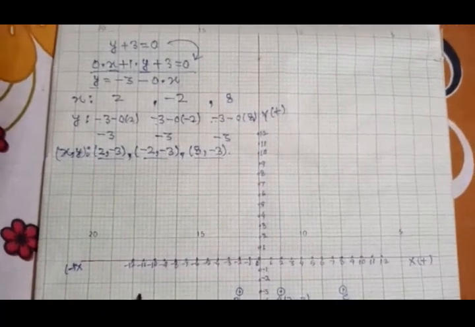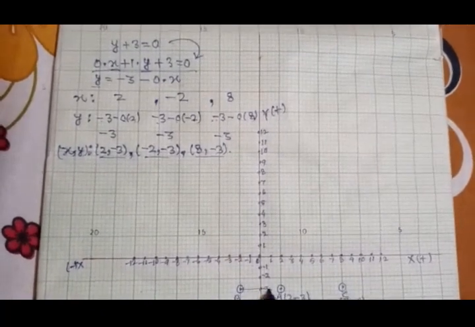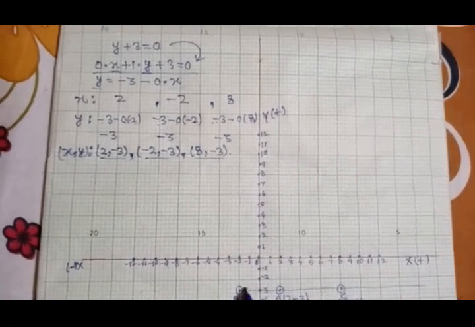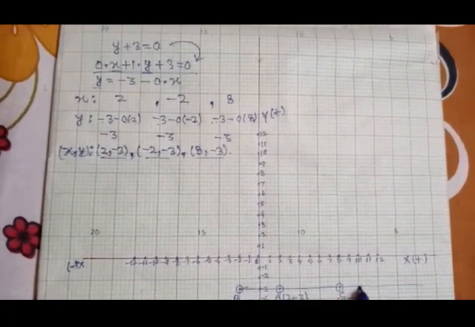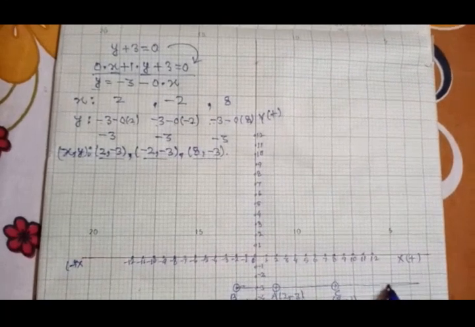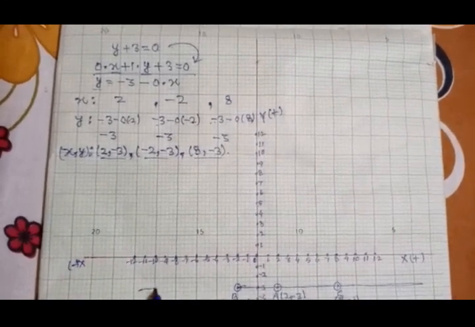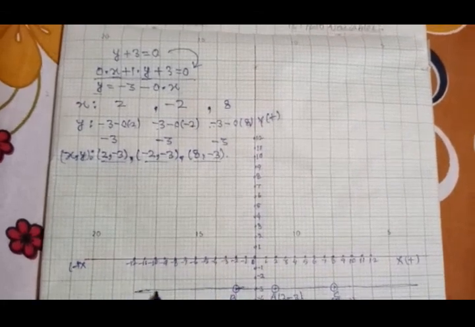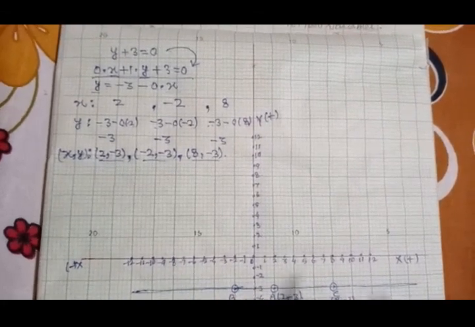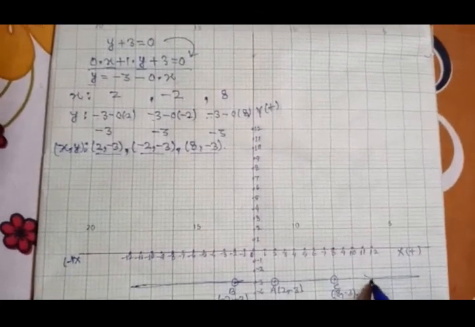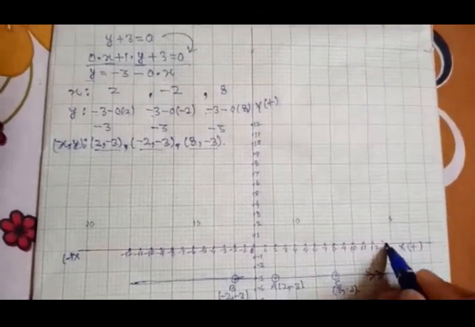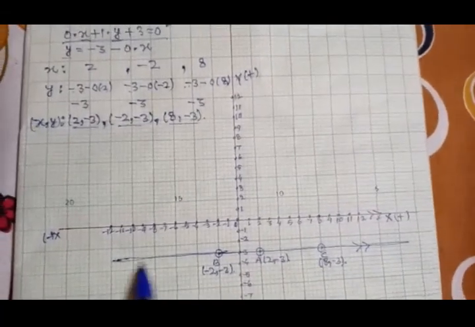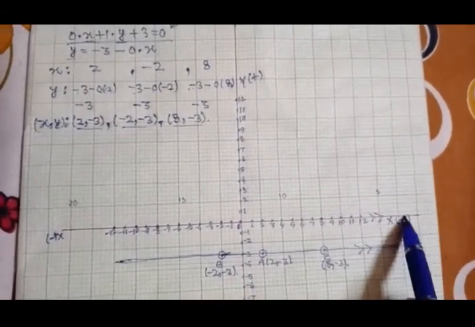If we draw a pattern by joining these 3 points, it becomes a straight line, which is in accordance with the concept that the geometrical representation of a linear equation in two variables is always a straight line. And the interesting thing to observe is that this straight line is parallel to the x-axis.